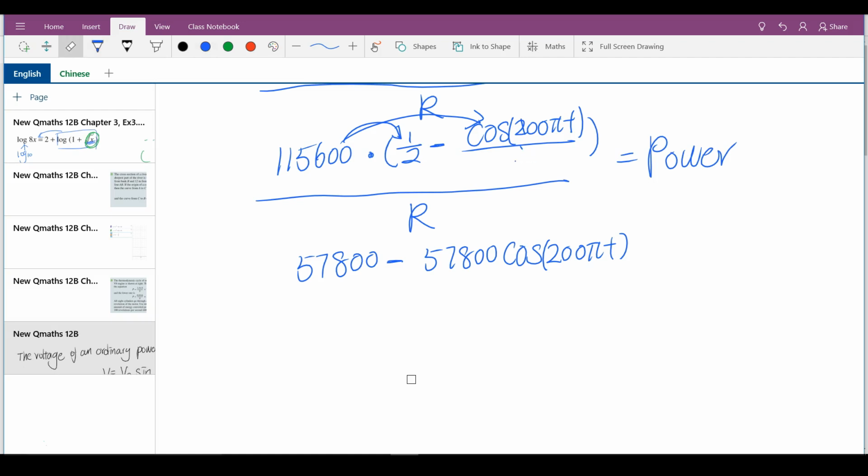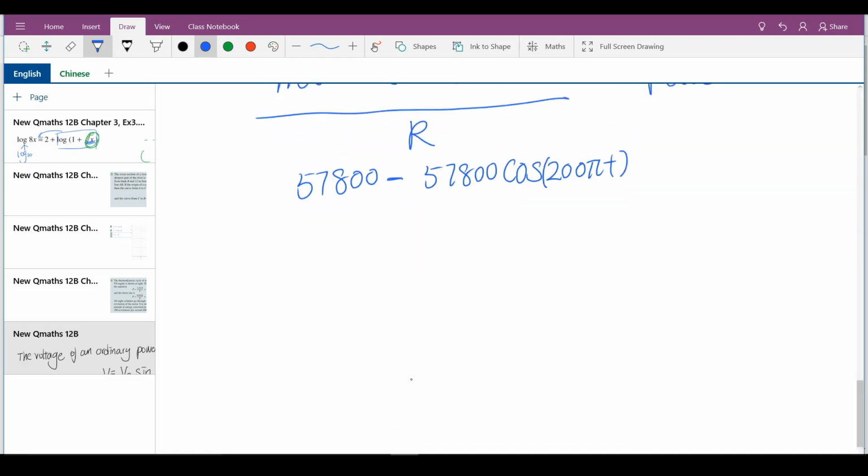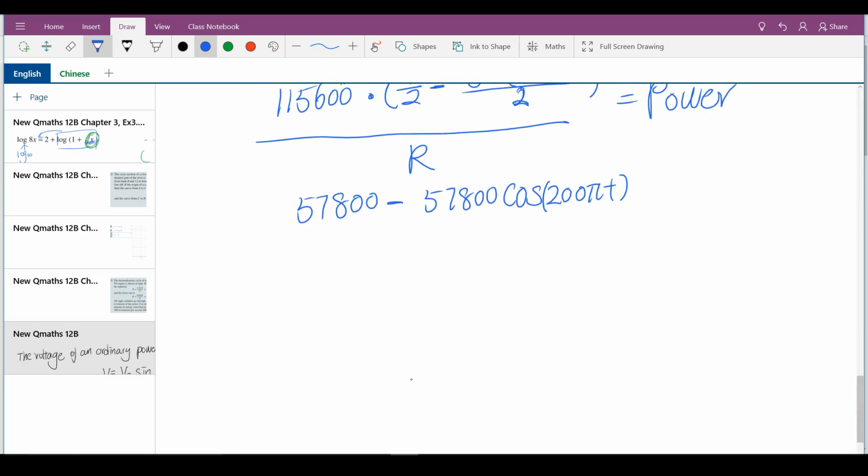The answer is you can't, because that's inside the cosine. You can do it to this particular number when it multiplies it, but you can't do it to inside the cosine bracket.